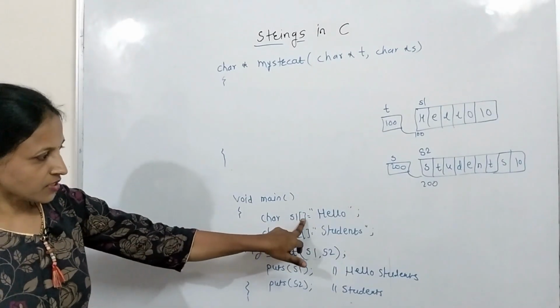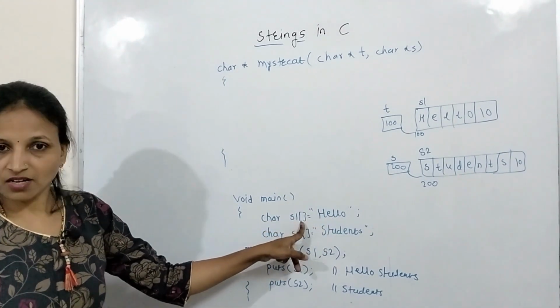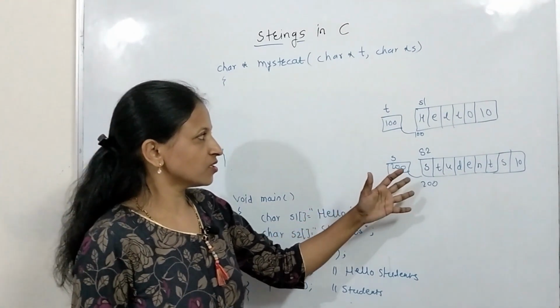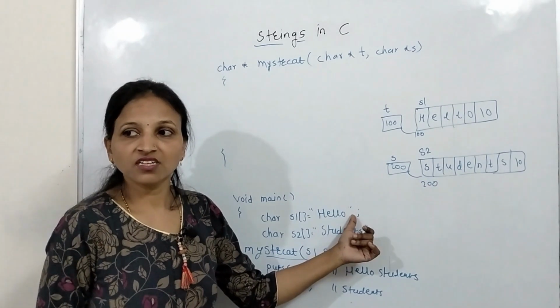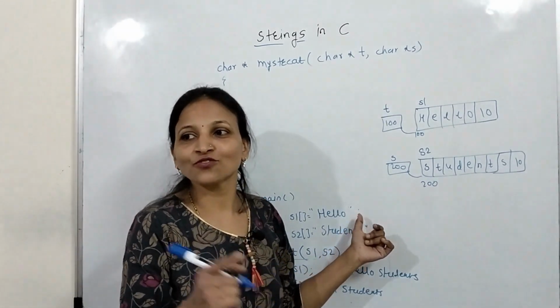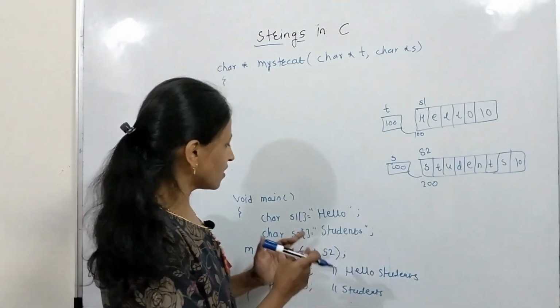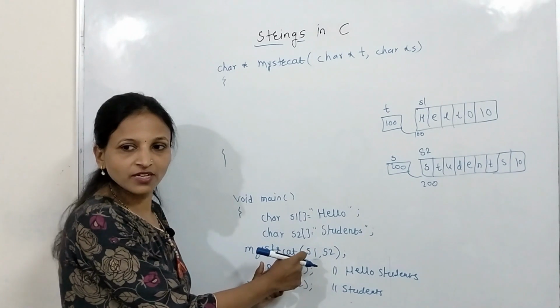I have written like this, s1 is equal to hello. Now here what is the size? Automatically the size of this s1 will get set as 1 2 3 4 5 6. In the previous example also we will get some error here because it can hold only 6 characters, and here we are attaching s2 to s1.